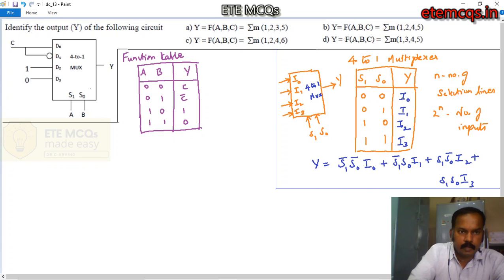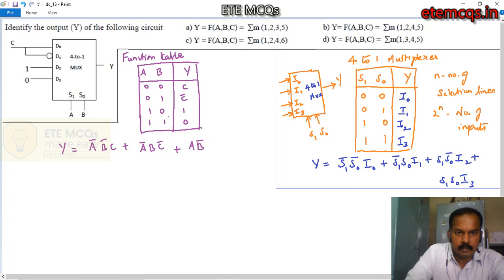The respective Boolean expression for the given combinational circuit is: for the first row in the table, combination of selection lines A bar, B bar, C, so A bar B bar C, plus A bar B C bar, plus A B bar dot 1.